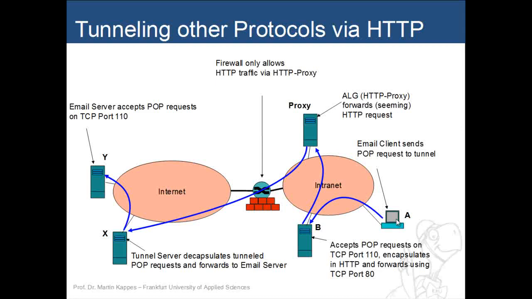The user agent here wants to contact the machine Y, but it cannot contact Y directly because the firewall only allows HTTP traffic, and not only through packet filtering will it ensure that only traffic on TCP port 80 passes, but the firewall here is configured to also consist of an application level gateway, in this case an HTTP proxy, which will happily forward HTTP requests to the internet on behalf of the client.